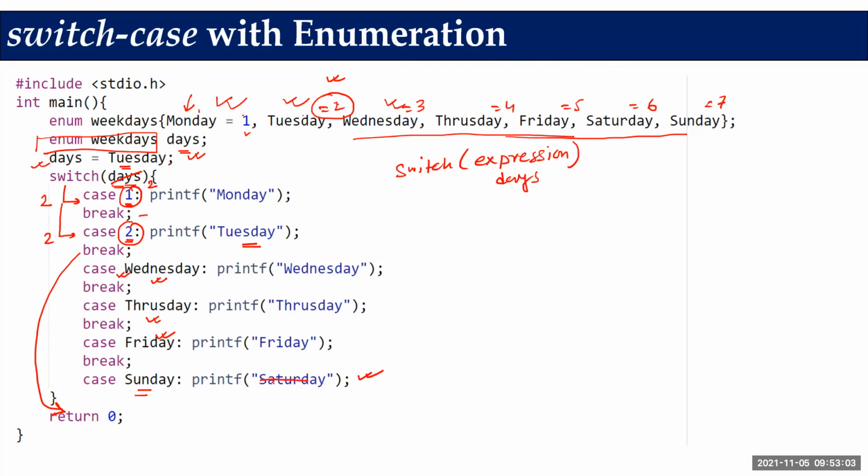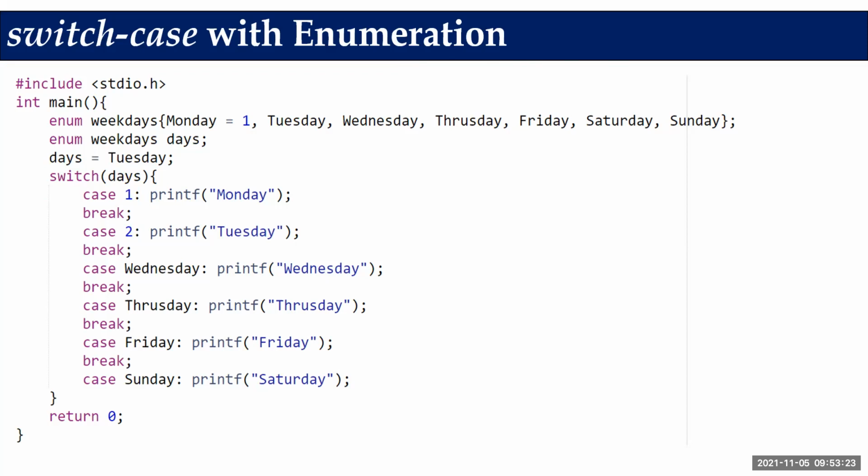Because of this typing mistake, you can add one more case over here before this. Let me just correct it for you. Make it Saturday. Be very careful while you are using the named integers.